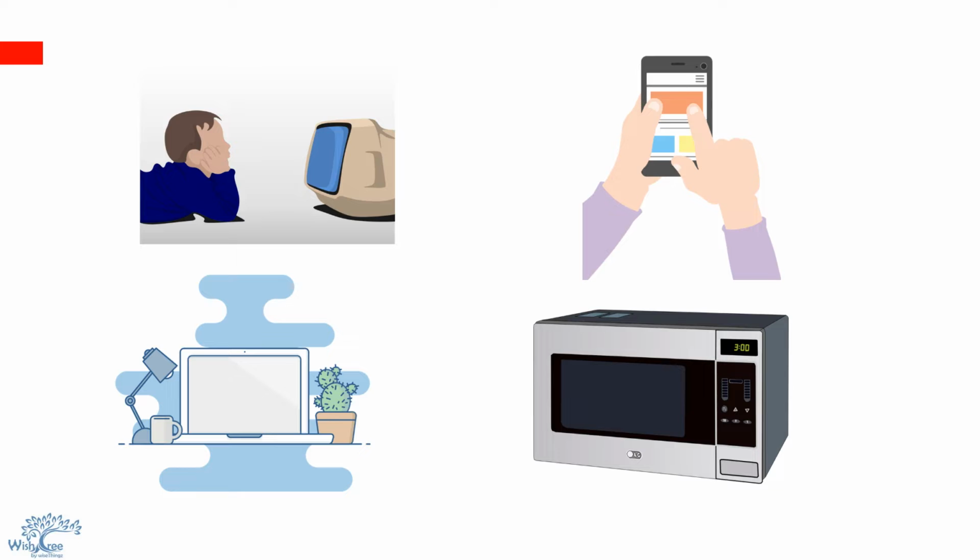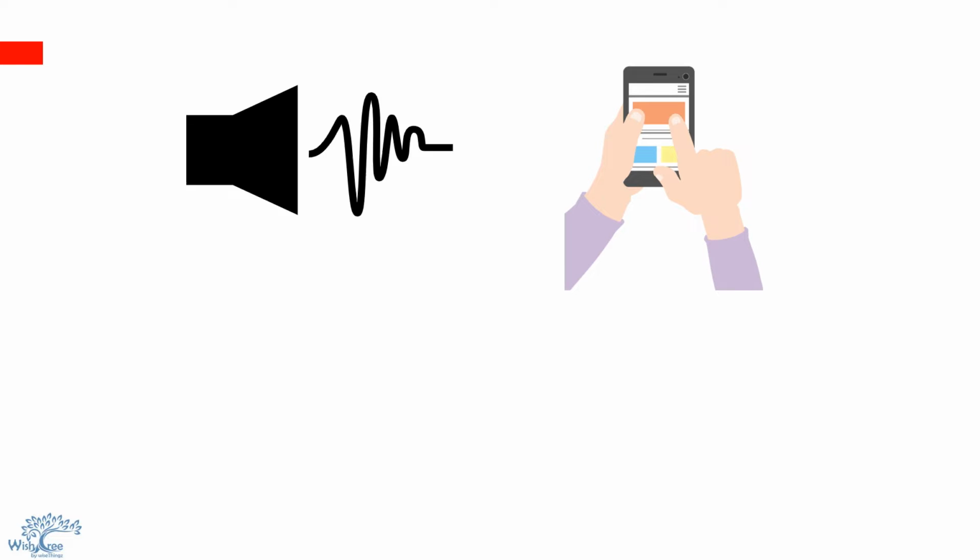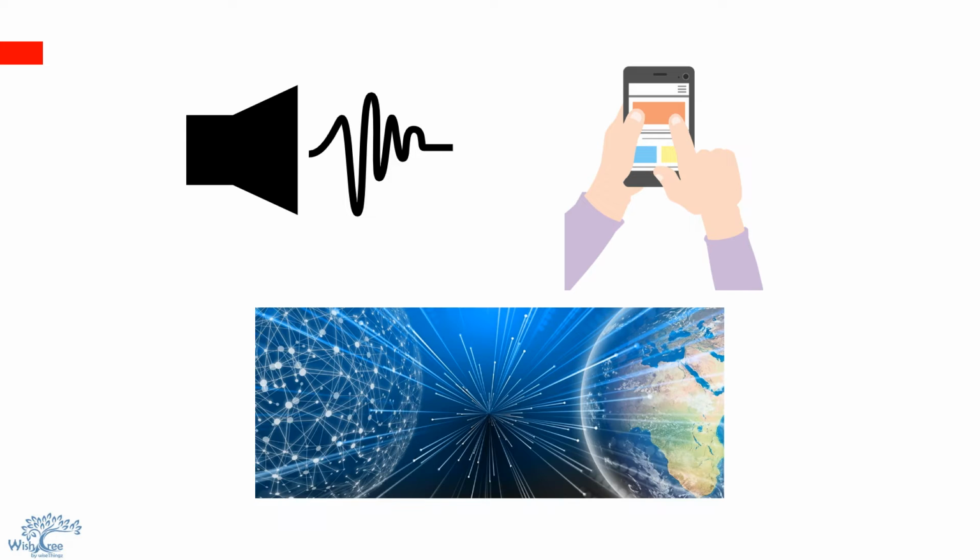Let's take the example of a mobile phone. A mobile phone, as you know, has a function to receive audio and send audio, right? Similarly, if it is a smartphone, then it would also have a function of receiving data from the internet, right?